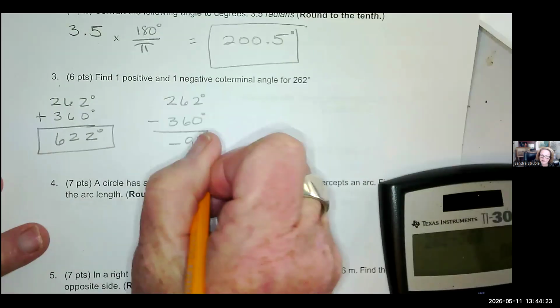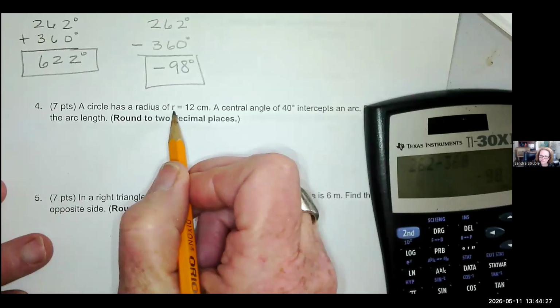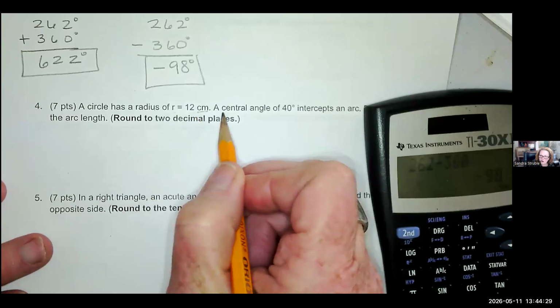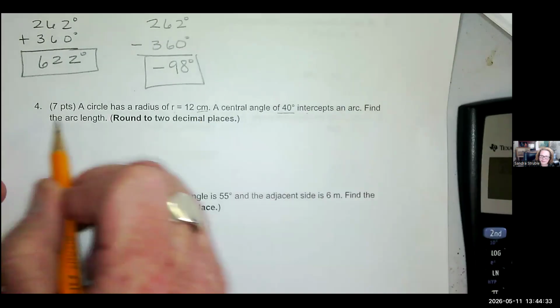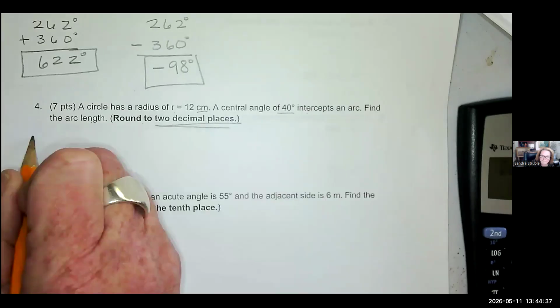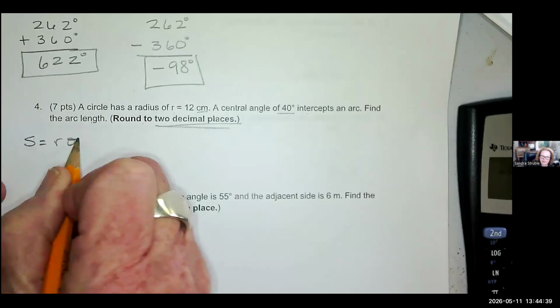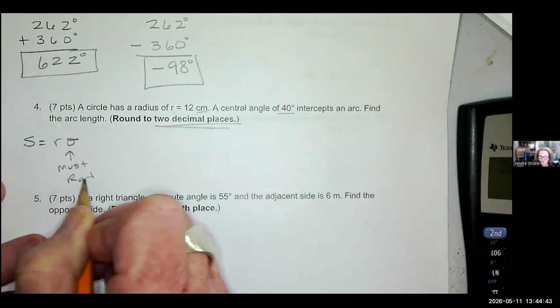A circle has a radius of r equals 12 centimeters. A central angle of 40 degrees intercepts an arc. Find the arc length, round to 2 decimal places. So I told you S equals r theta, where theta must be in radians. Muy importante, otherwise it's going to be wrong.